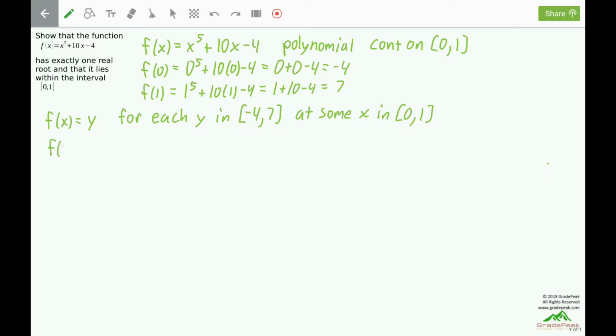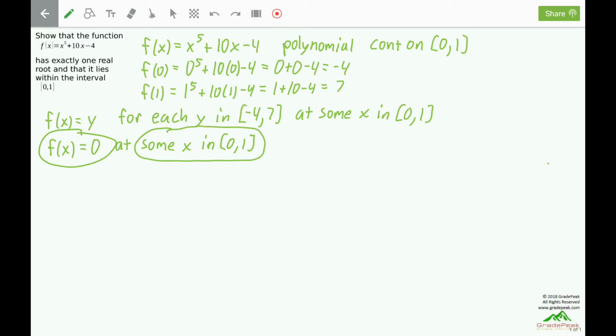So one of the results of the intermediate value theorem is that f of x will equal 0 at some x in the 0 to 1 interval. F of x equals 0 is the exact definition of being a root, and this is occurring for some x within the 0 to 1 closed interval.